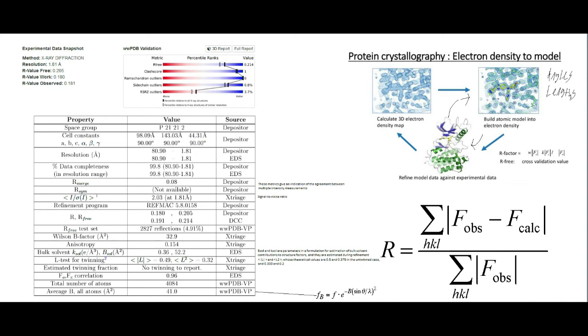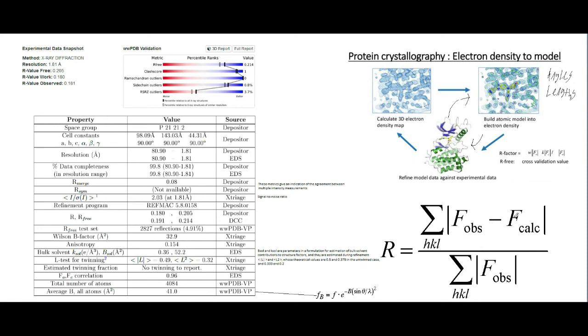Then that will tell you whether you are trying to model too much electron density into different parts. So then you have to do real space alignments again, and there's this sort of circular process which can take a while.